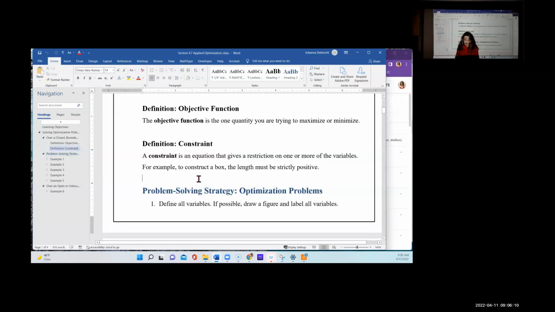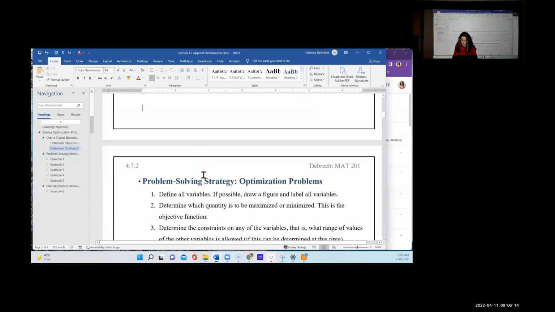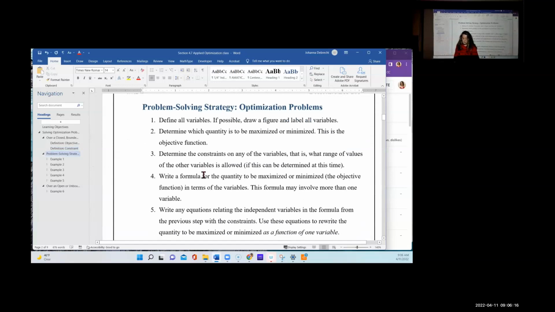So when we're looking at these particular problems, we're going to talk about what the problem-solving strategy is, which is, of course, these are all word problems. So it's similar to the related rates problems that we did earlier this semester, in that everything's a word problem and you have to translate from the words into the mathematics.